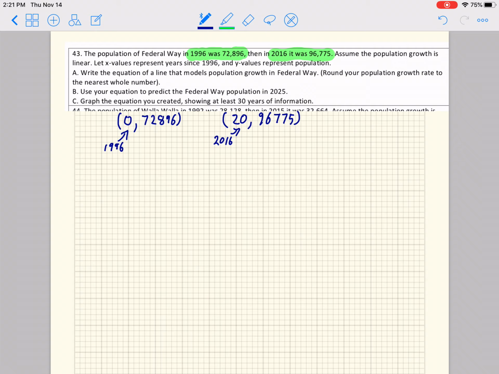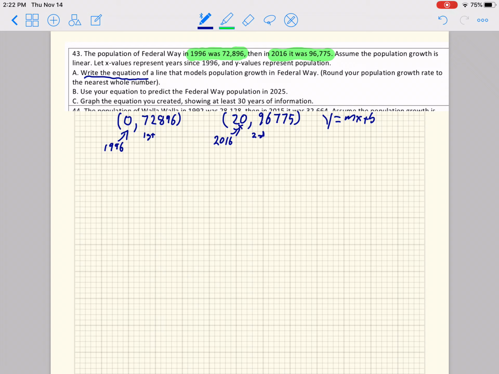So I'm trying to write the equation of a line that models population growth in Federal Way. And so I'm going to, again, use y equals mx plus b form. And my slope, I can just get using my slope formula. So I'll call this my first point, this my second point.